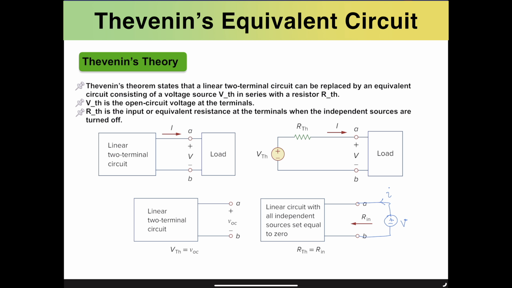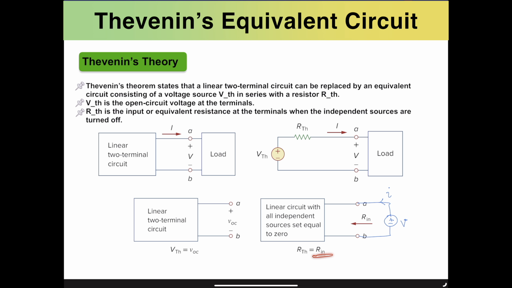That would feed the circuit that now has no independent sources and is only a resistive circuit, so this voltage is going to drive this whole resistive circuit with this amount of current.